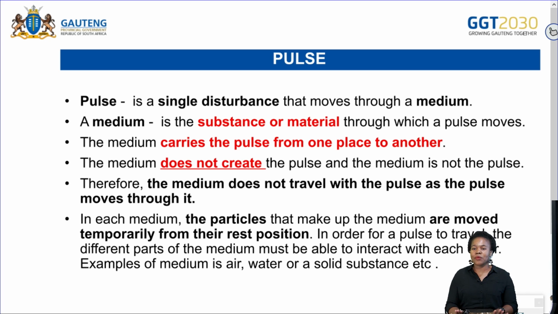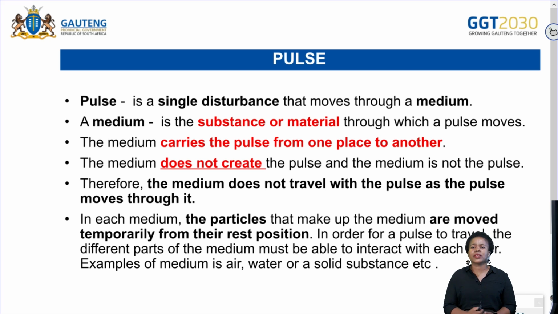So we call that a rest position, or you can call it in equilibrium. But the minute we start throwing a stone inside the water, it creates that single disturbance that moves through the medium. That means that your medium particles are not now at rest. They have shifted from their rest position.